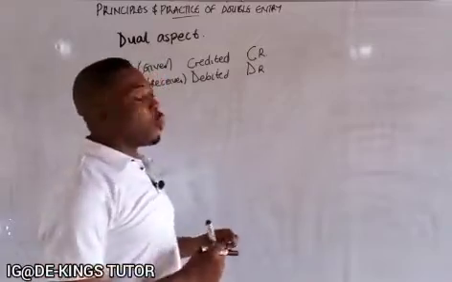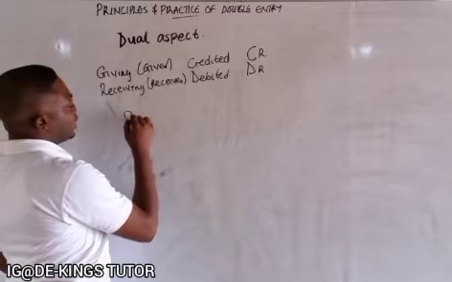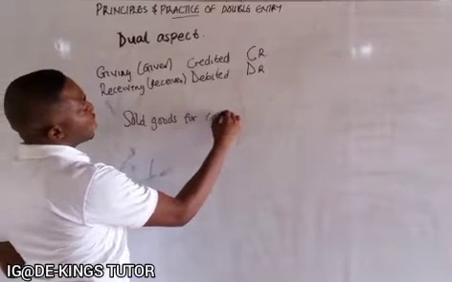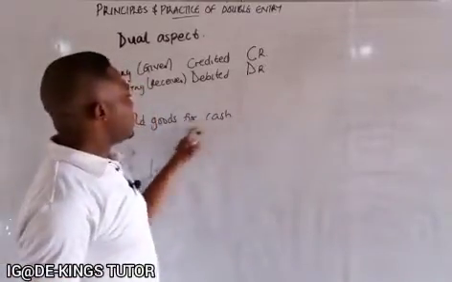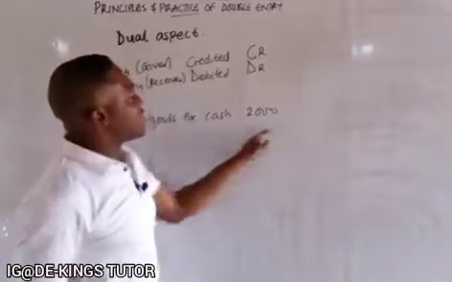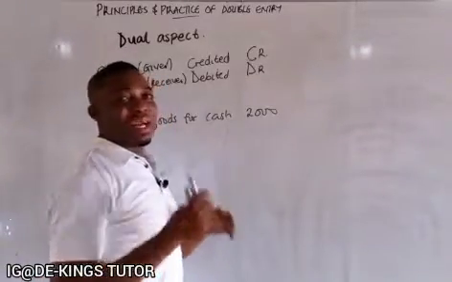So it means that for one transaction, for instance, when you say sold goods for cash 2,000, in this transaction two accounts are affected. One is debited and another is what?